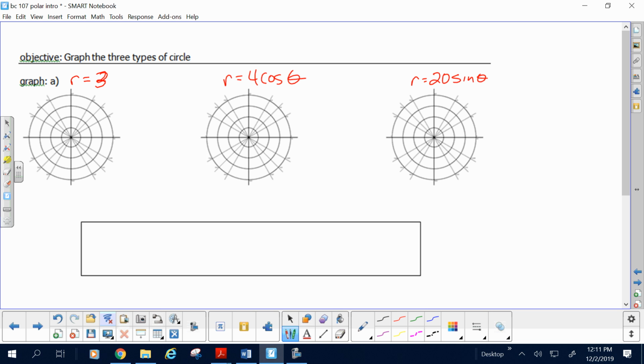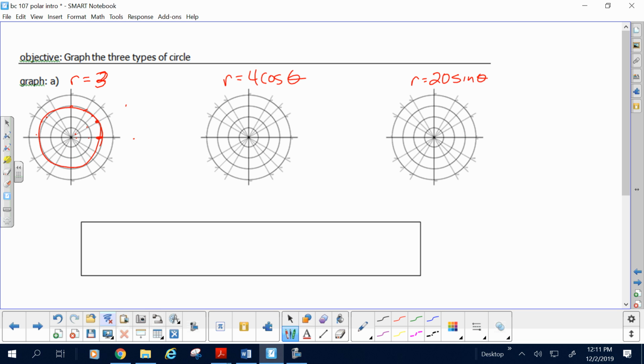Here, because r is set to 3 and there's no mention of theta, theta can be anything. So I can turn towards 0 radians, and r is 3. I can turn towards 5 or 6 radians, and r is 3. I can turn whatever way I want, and r is always 3. And so you get a circle, symmetric at the origin, with an r of 3.